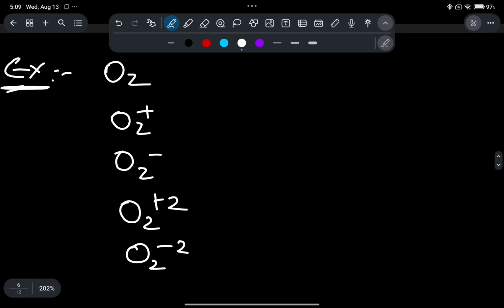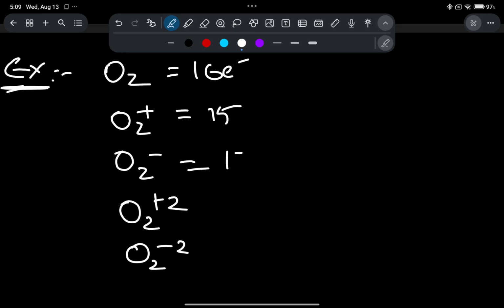If you see, O2 means 16 electrons, and O2 plus means loss of an electron. One loss of electron gives 15 electrons. O2 minus means gain of an electron, so 17 electrons. O2 plus 2 means loss of 2 electrons from 16, so 14 electrons.